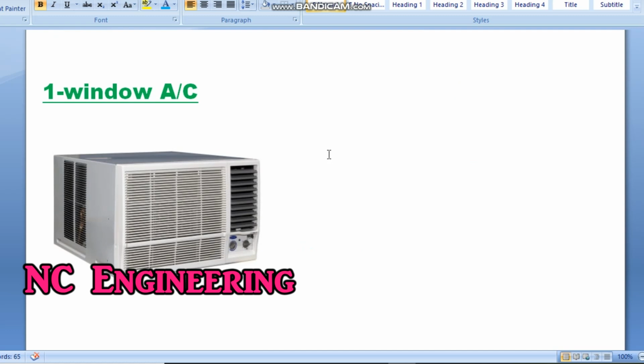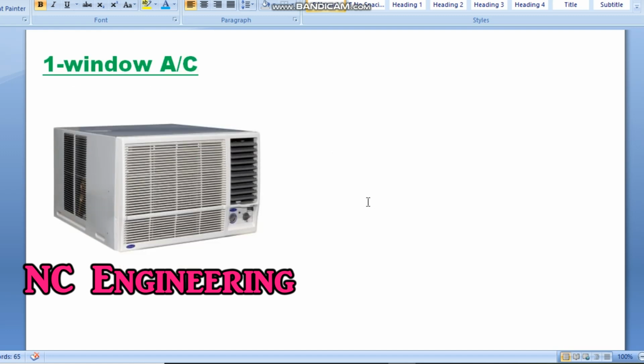It is cheap and for the common man to use. We can use one window AC for each room. But there is one disadvantage: there is noise from this AC unit because the compressor is attached to it, so the compressor and fan noise will come inside the room.